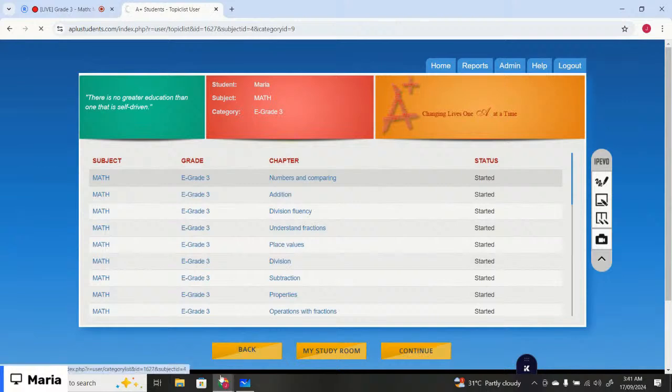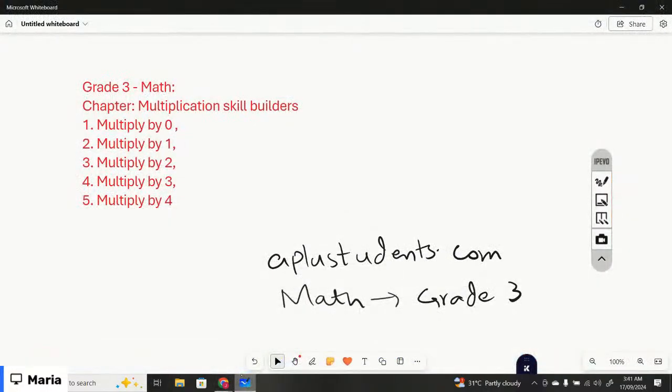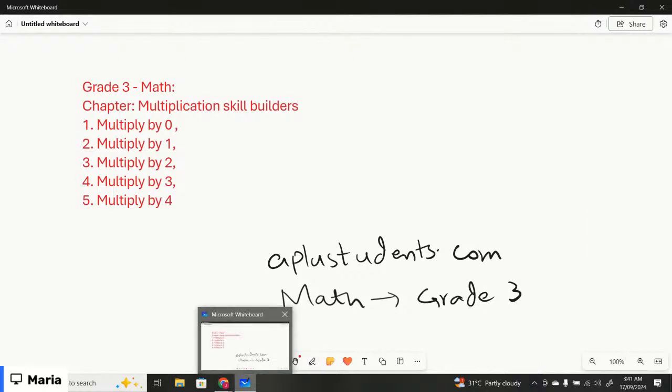So if you need more help with any of the lessons, you can simply click on the live chat button. Tutors are available there to help you, or you can write down the question in the chat box.